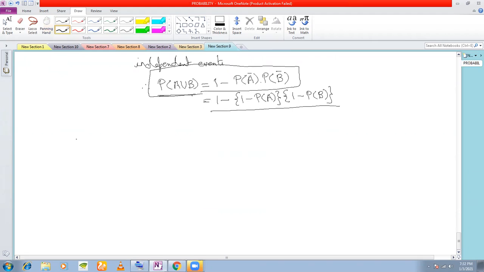Now we come to the problem types that we are going to discuss. There are only a few types of problem that we are going to discuss in probability that come in your examination.